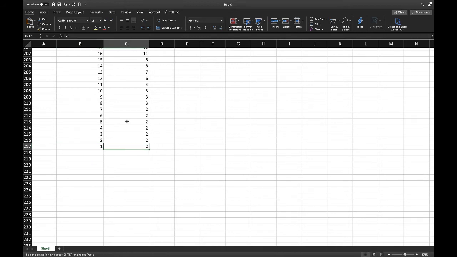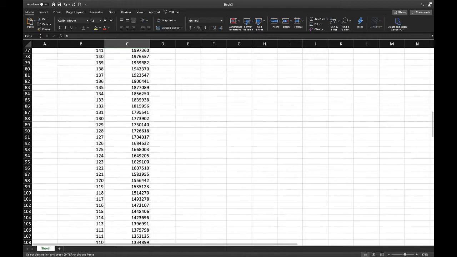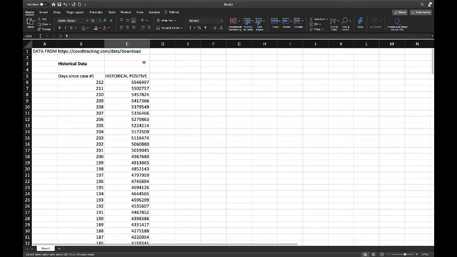There were 2 cases that were positive. By day 9, there were 3. By day 15, there were 8, and so on up to the present. This was for August 21st, 2020. There were 5,546,497 COVID positive cases in the United States.